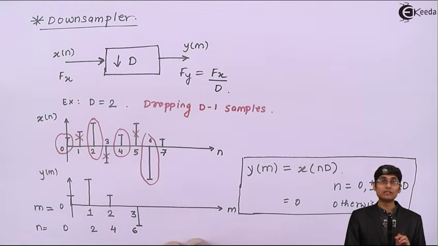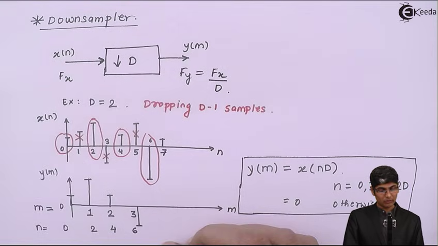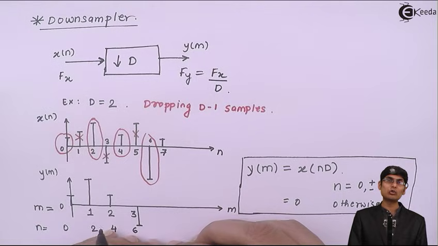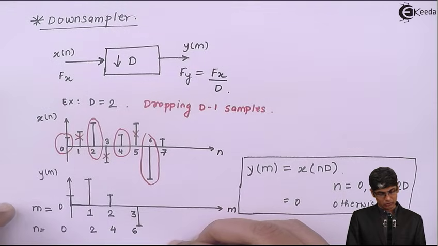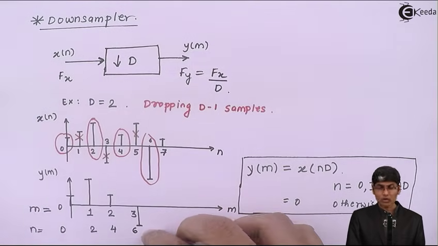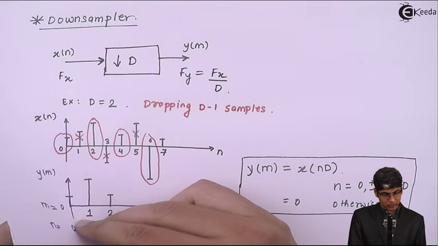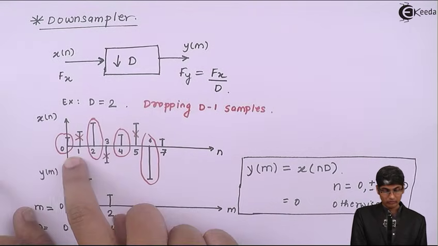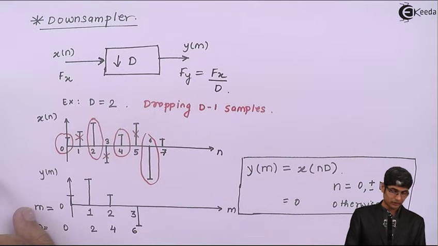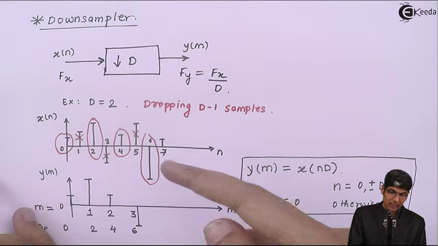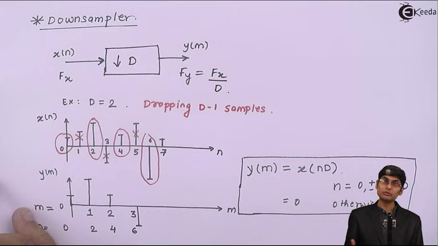But then how do we achieve this, or how do we downsample, how do we remove the samples? So we will use a very basic and crude methodology to do this kind of operation. Wherever I want to neglect the samples, I will multiply by 0. Simple.